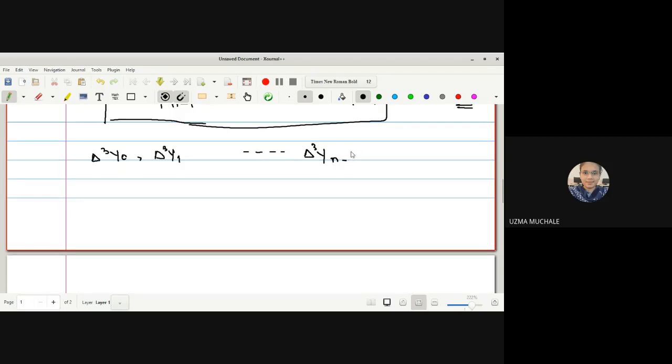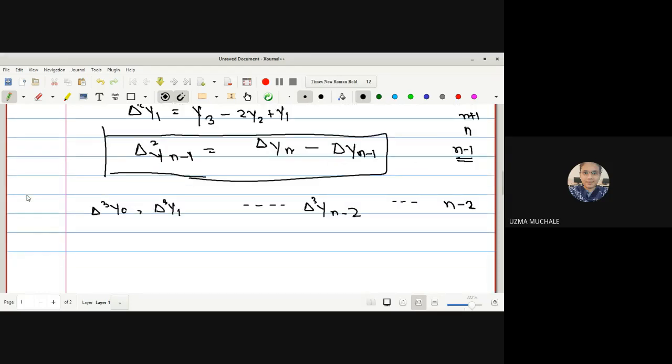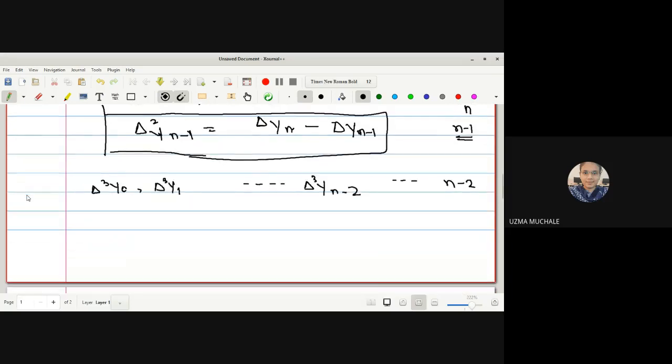So in this way the values are reduced to n minus 2 values, right? Initially we have n plus 1 values, then n values, then n minus 1, then n minus 2, and so on.